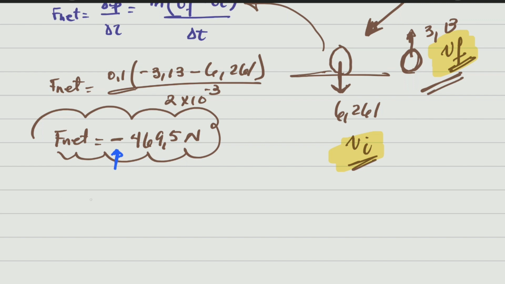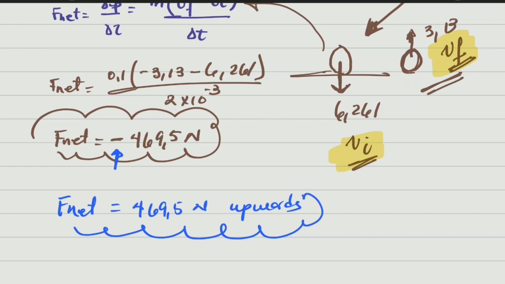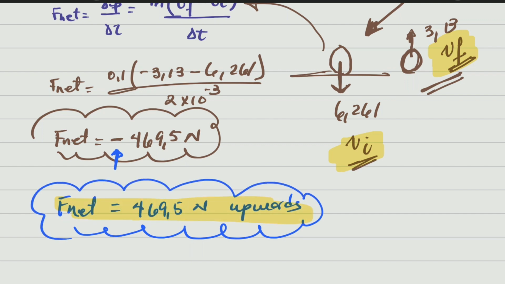So if the answer is negative, it means upward. So it could be left like that, but let's write the direction in words because they like direction here. So it's 469.5 Newton upward, and that, guys, is the final answer for this specific question of the force.